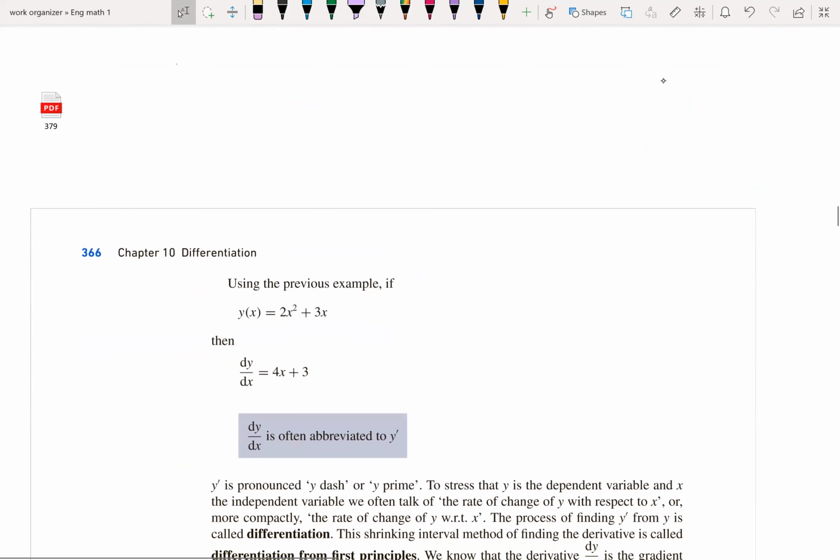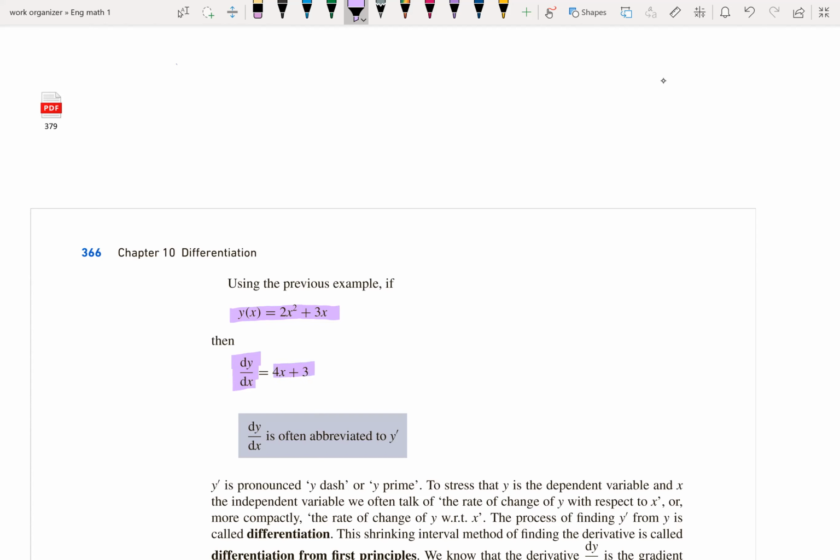So this is the previous example. We have the function y of x equals 2x squared plus 3x, and if we differentiate, or simply take dy over dx, it will become 4x plus 3.